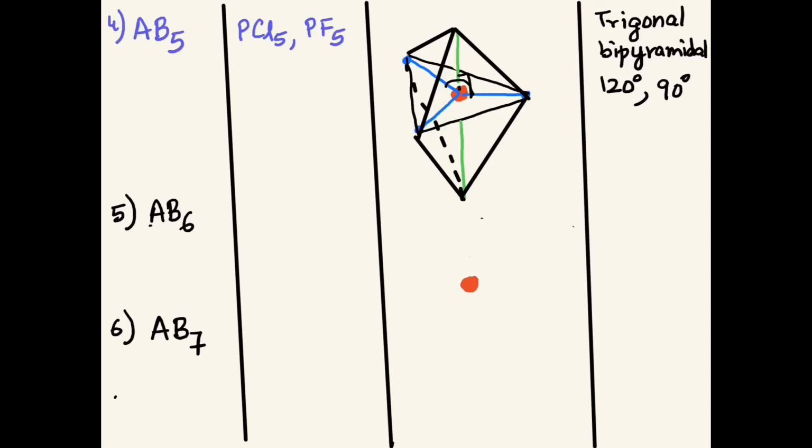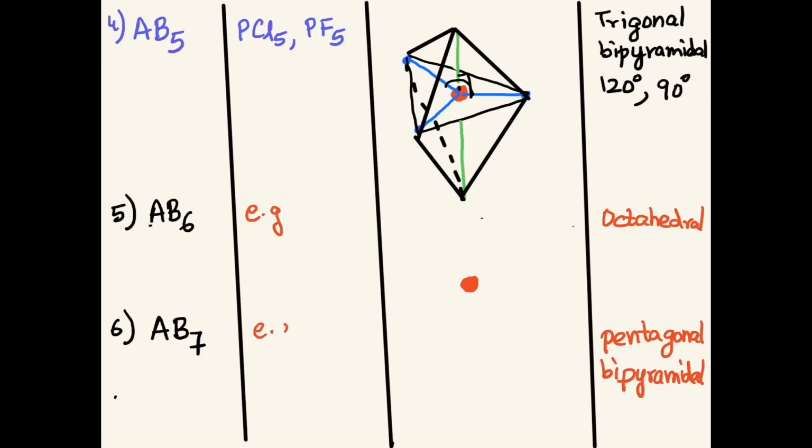Very good, it's octahedral. Perfect, I am very sure that you paid full attention. And we've got the pentagonal bipyramidal shape in the case of AB7. Can you draw these 2 shapes for me? Write the examples. Your notes are covered.